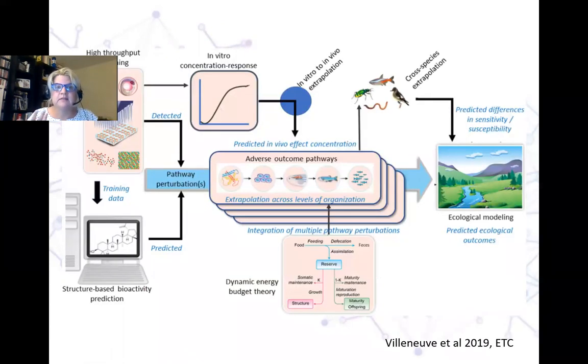That sets up a framework with DEB providing a path forward in this entire system, where we have the high throughput testing, a lot of QSARs and computational modeling, looking at the pathway perturbation, the in vitro dose responses and in vitro to in vivo extrapolations. We incorporate them into the adverse outcome pathways. And we can then look at cross-species extrapolations and life history characteristics to predict differences in sensitivity and susceptibility that get us to this ecological modeling part here.